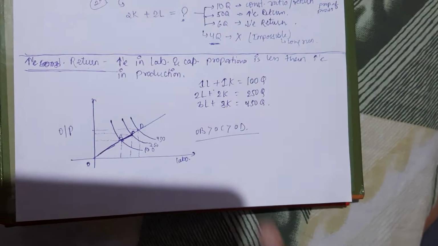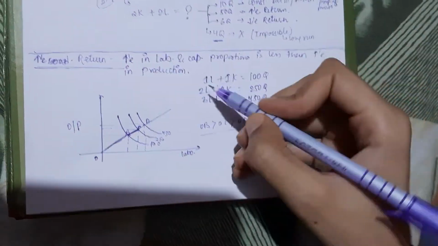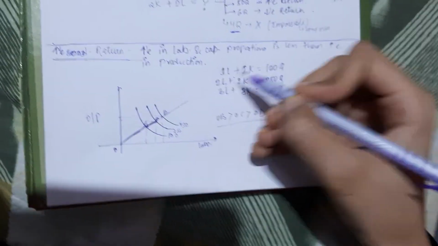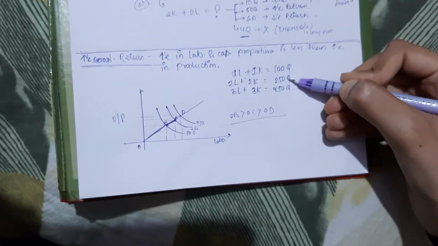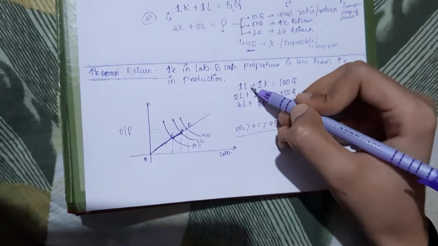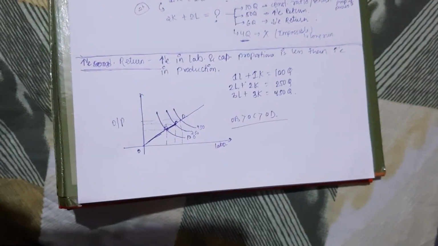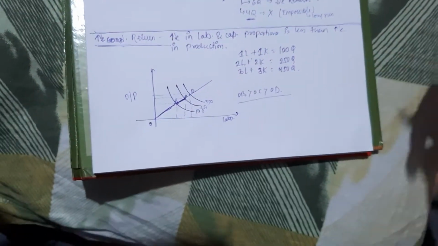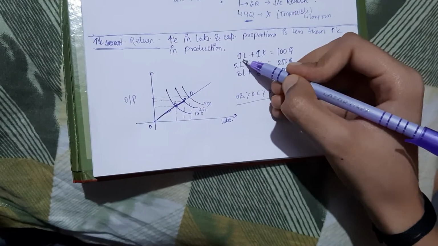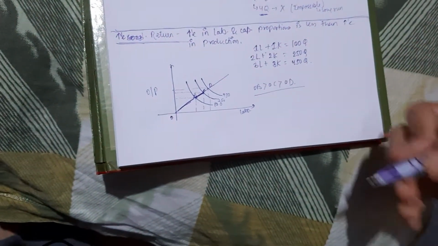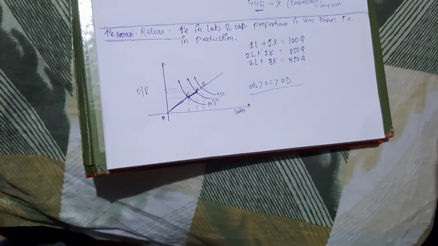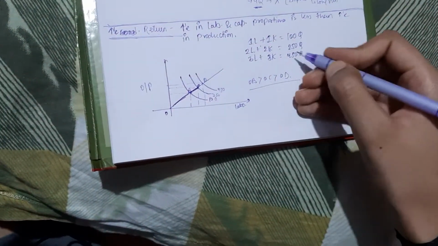As in this example, my labor increases and my capital also increases, but the increase in my production is more than the increase in the proportion of labor and capital. It is basically many times more as compared to labor and capital.